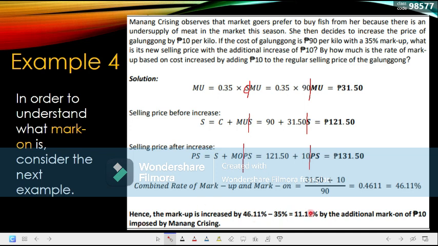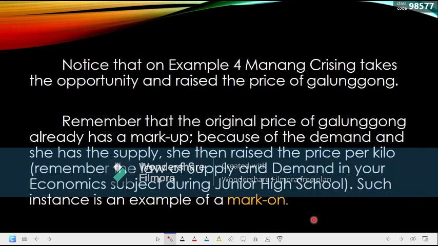So this is the rate of markup increase when we add 10 pesos to the regular selling price of galunggong. So 11.11%. Okay, let's proceed.